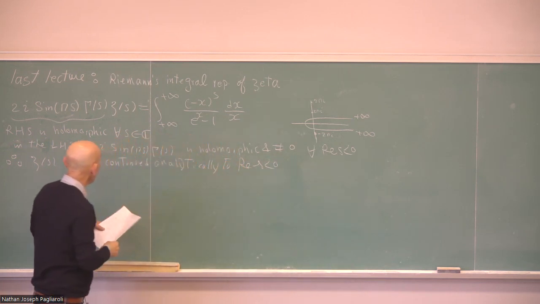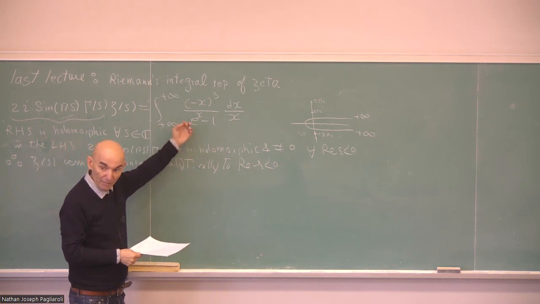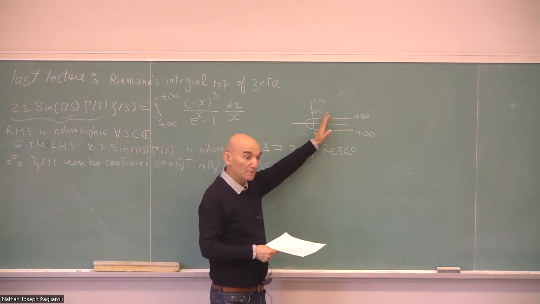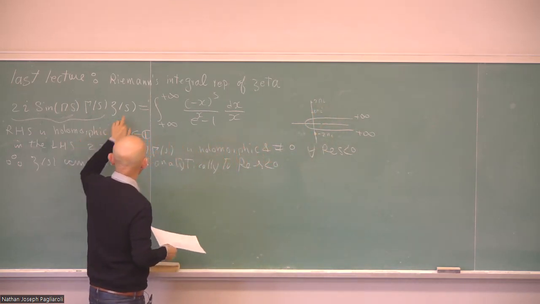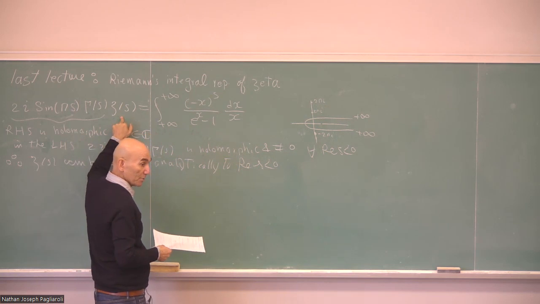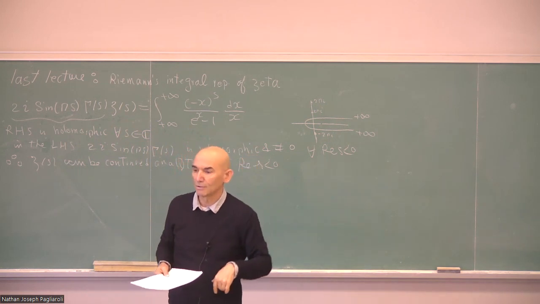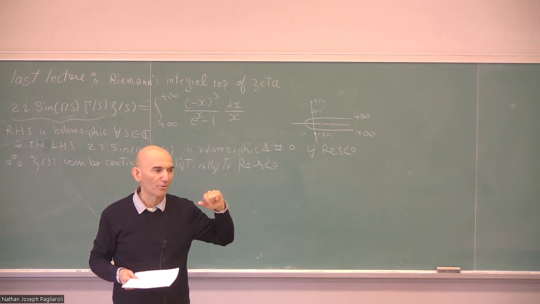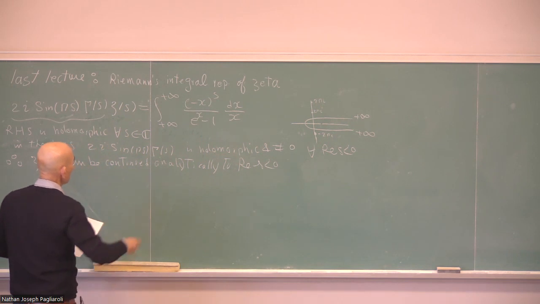Originally you derive this formula for real part of s bigger than 1, but we know that zeta is holomorphic for real part of s bigger than 0. For less than 0, this argument shows that zeta can be analytically continued. What happens on real part of s equal to 0 also follows from this formula, but I don't want to get into that.